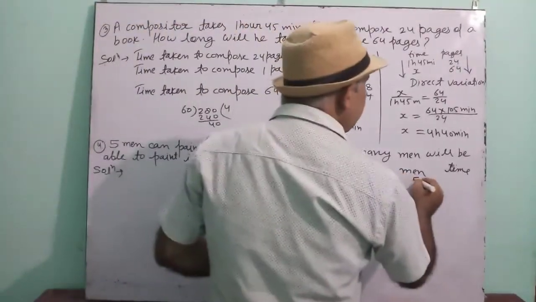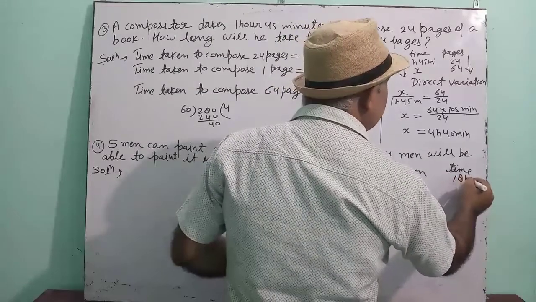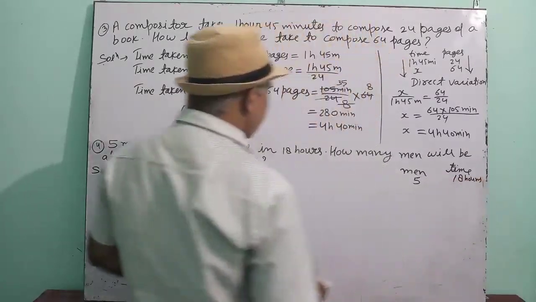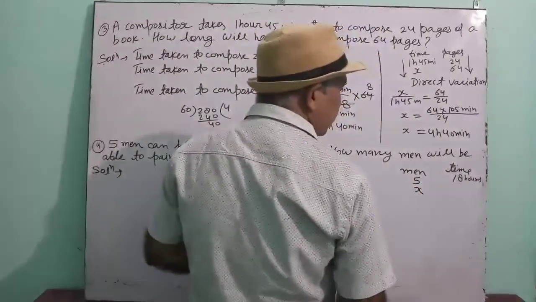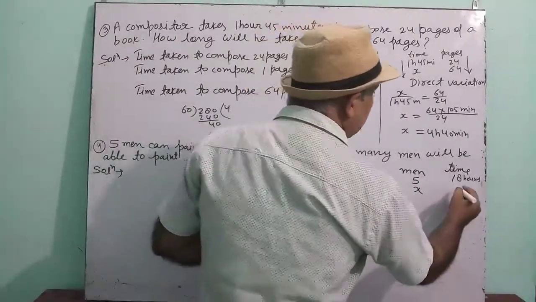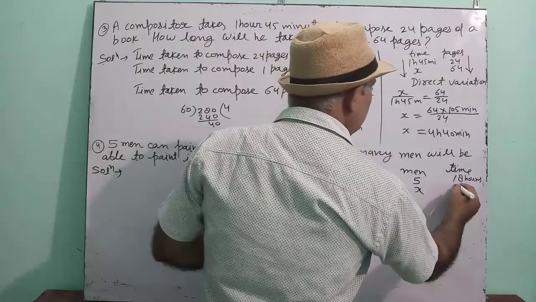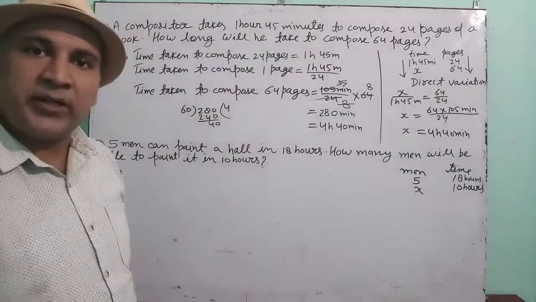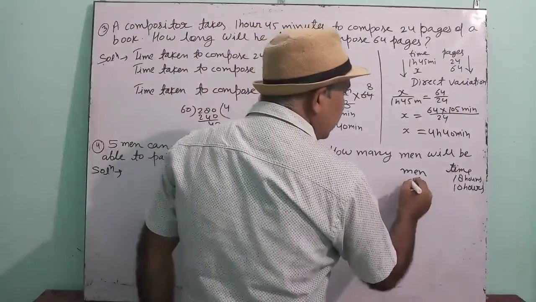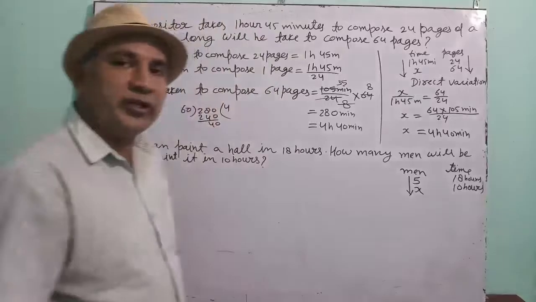If 5 men are there, then 18 hours is the time. Okay. Then how many men? Suppose X men. Then time is 10 hours. Okay. Where the value is unknown, put the arrow down here.